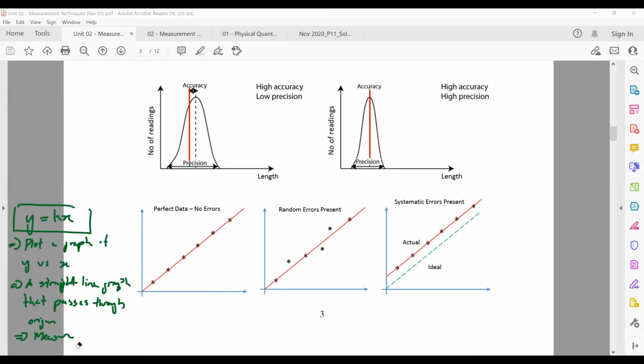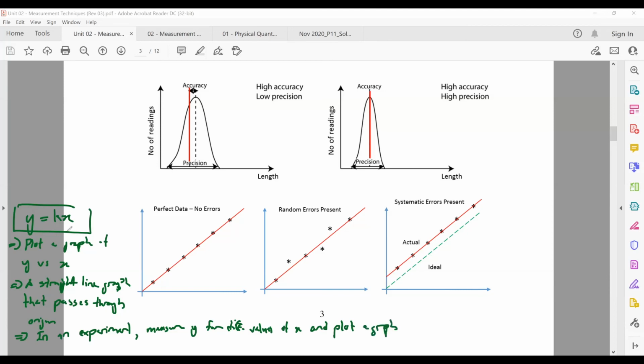Say right now, in an experiment, you measure y for different values of x and plot a graph.